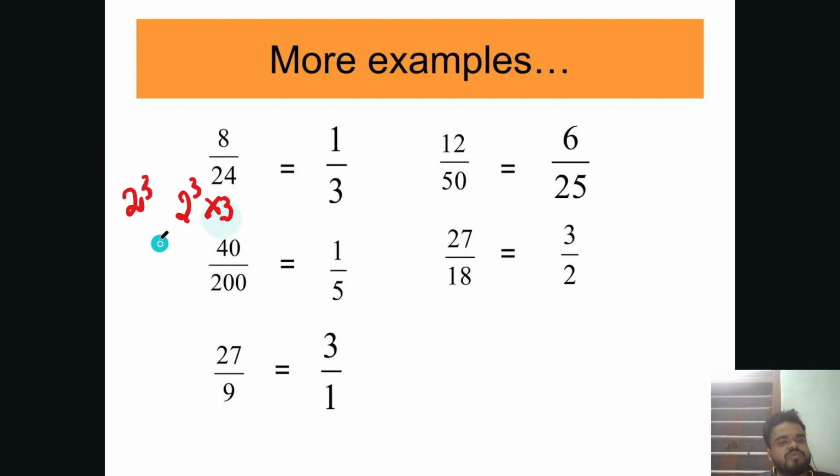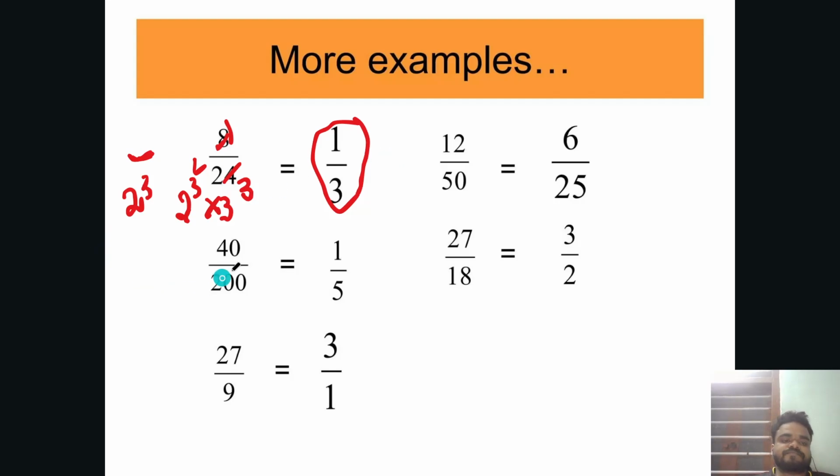What is common here? 2 cube is common, right? And here also take the least power. So divide by 8 on both sides, numerator and denominator. 8 ones are 8, 8 threes are 24. So the simplest form of 8 by 24 will become 1 is to 3 or 1 to 3 or 1 by 3.